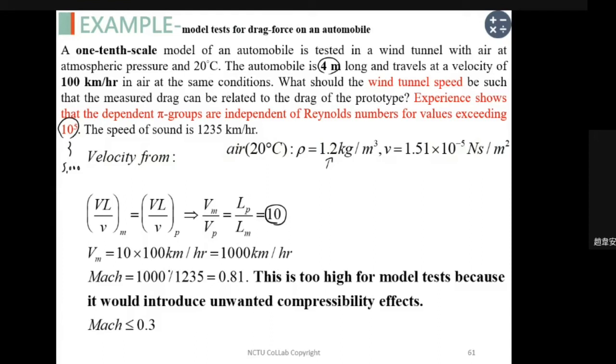And if we compute the Mach number based on this velocity, it is equal to 0.81, which is larger than the threshold of 0.3. So actually the Mach number is too high for the model test because it would introduce unwanted compressibility effects.